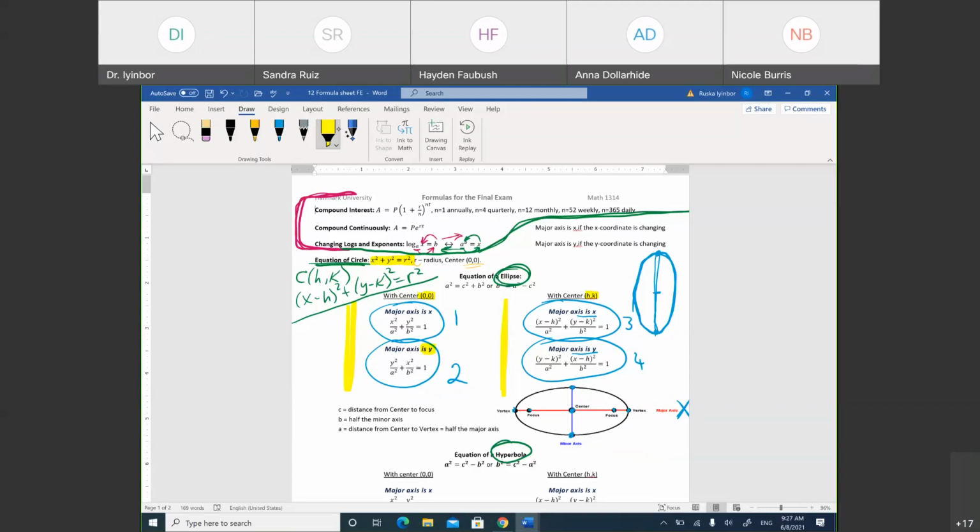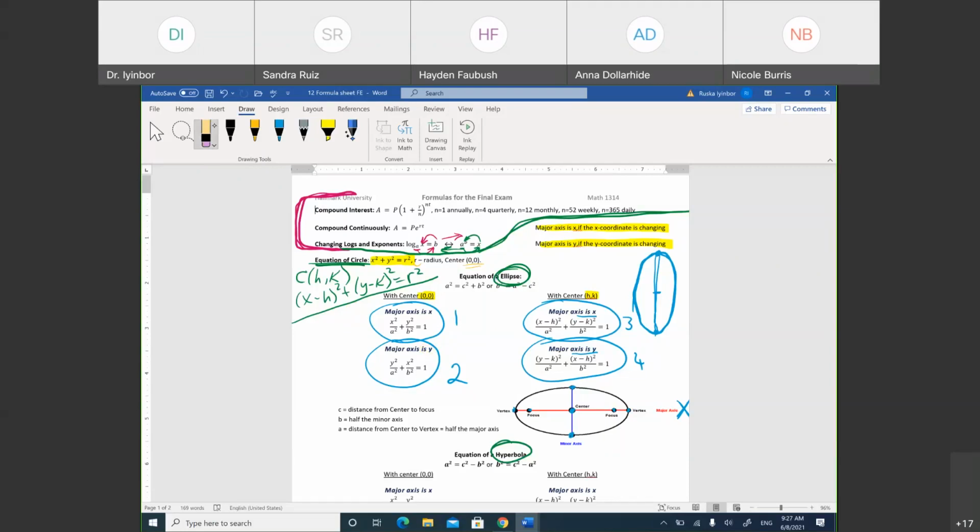So there are 4 different cases. Depends what is given. If the center 0, 0 or if the center something else. And then it's going to say also major axis x or major axis y. If it doesn't say which one is the major axis, this is how you know. If the x coordinate is changing, major axis is x. If the y coordinate is changing, major axis is y. That means if you have 2 points given, you can easily say which one is changing, right?